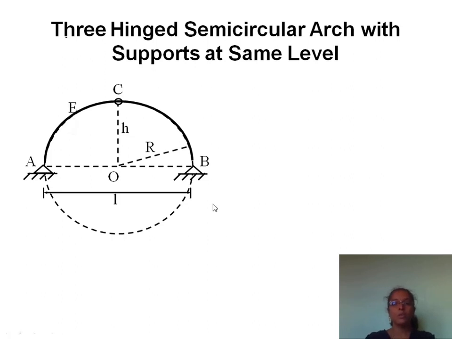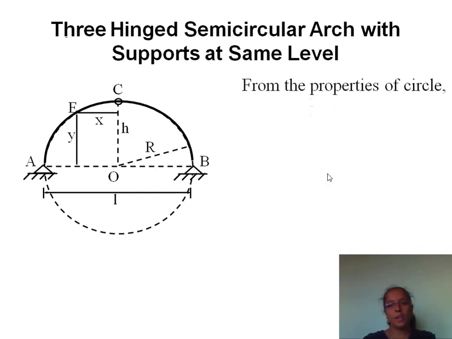Okay. So let E be any point on the rib of the arch. Either it may be on the AC portion or it may be on the BC portion. Let X and Y be the coordinates of this E from the center O. That is, X is the horizontal distance measured from the center line and Y is the ordinate of E from the springing level.